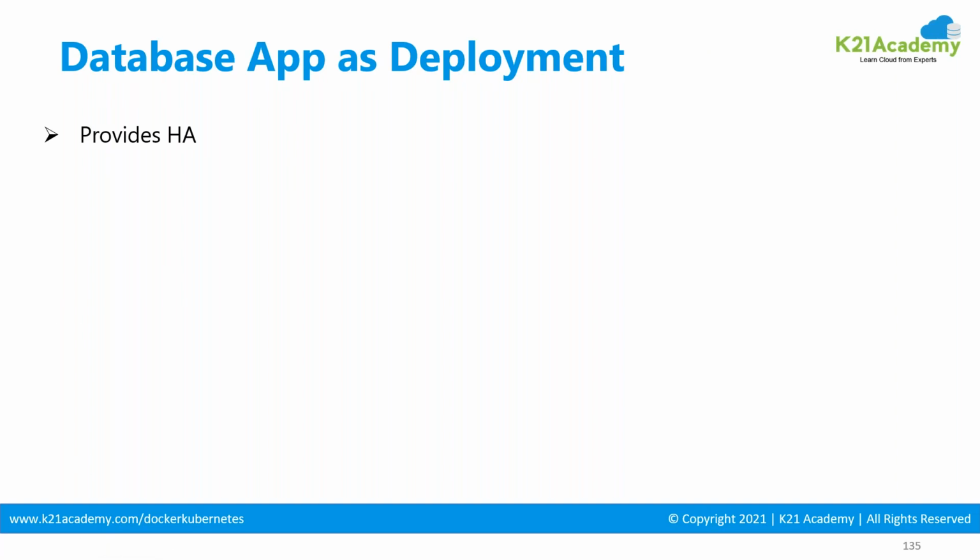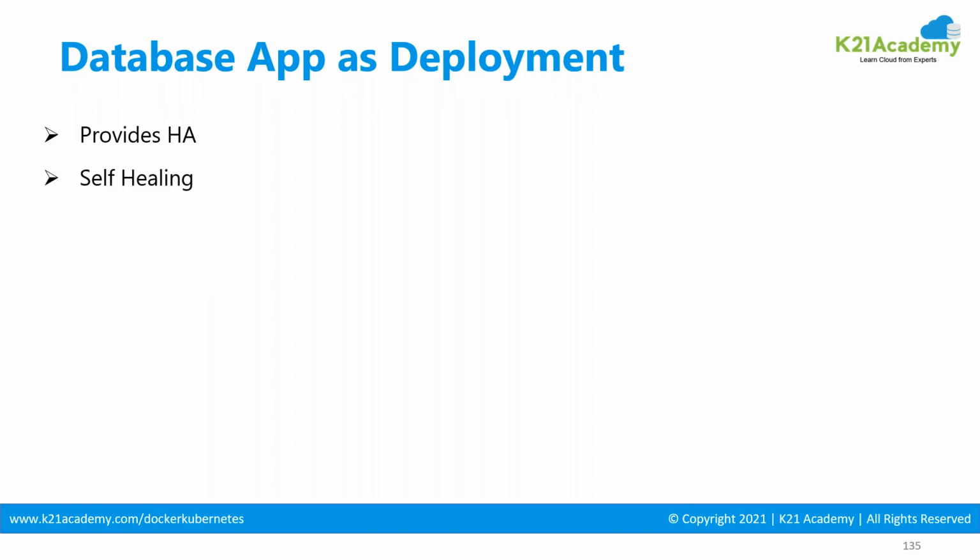Now it provides high availability. Of course, a deployment or stateful set creates the same number of replicas as defined in the manifest file. High availability means that if one pod goes down, another pod will take care of my application.